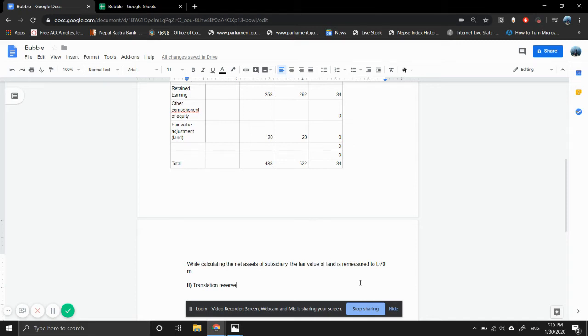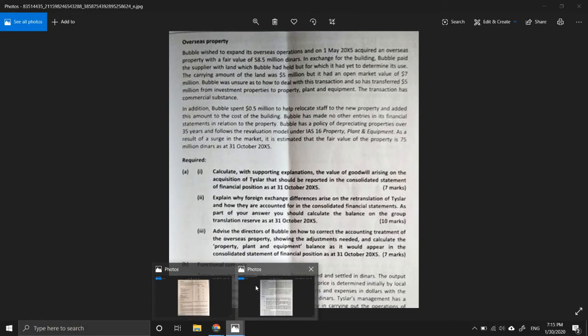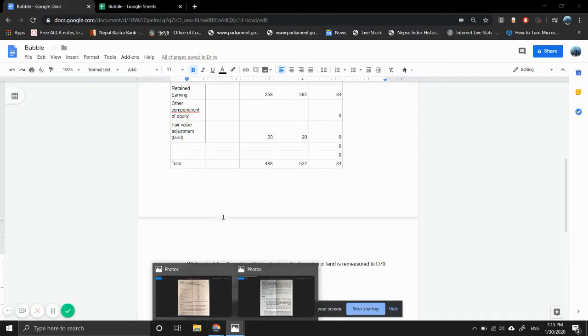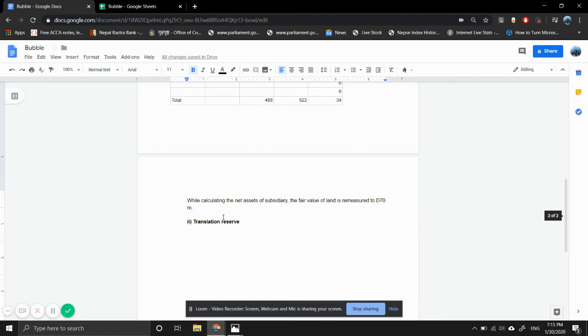All right, let's bold it. Explain why foreign exchange differences arise and how they are accounted for. Okay, why do they arise?